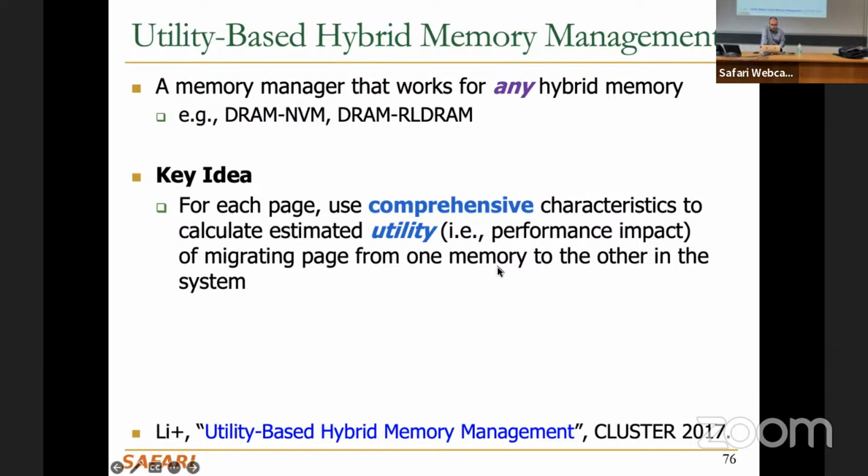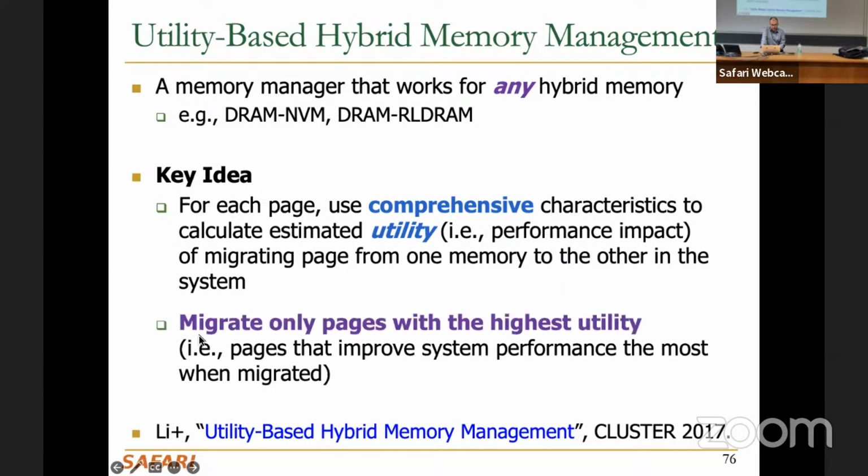Essentially, you need to define a metric which is called utility. For each page, we use comprehensive characteristics to calculate the estimated utility, which is the performance impact of that decision. Here, the decision is migrating a page from one memory to the other. And we only migrate pages with the highest utility, meaning pages that improve system performance the most when migrated.